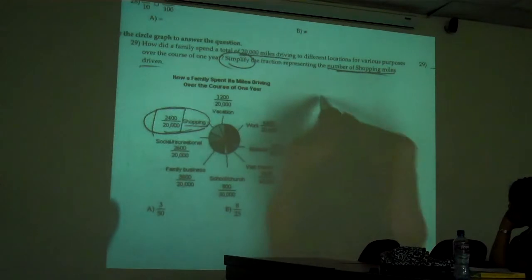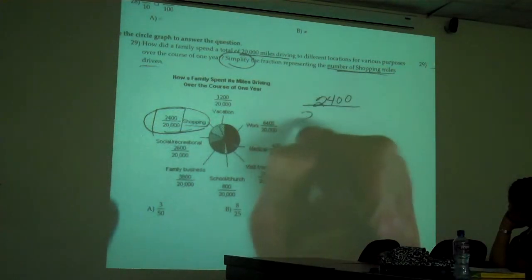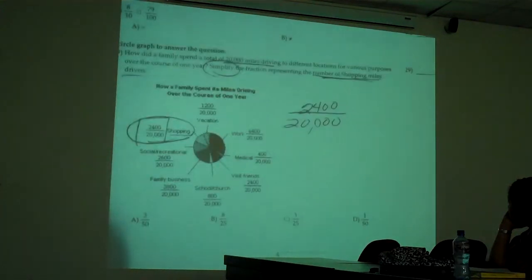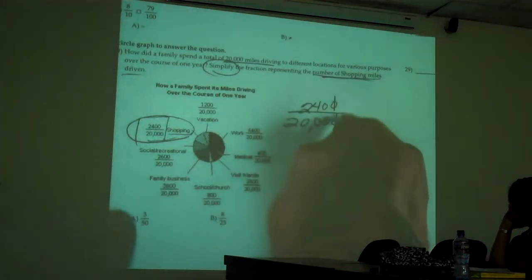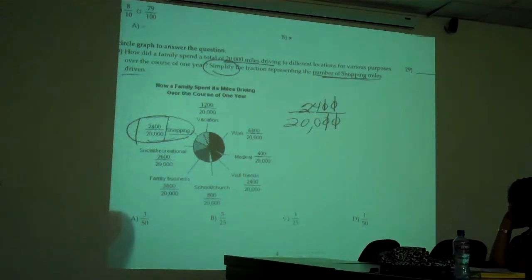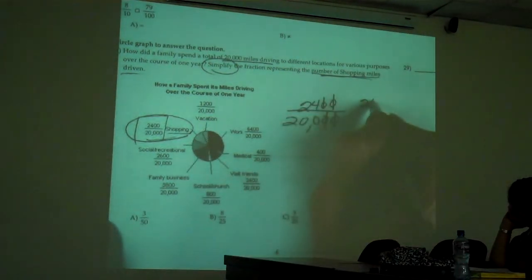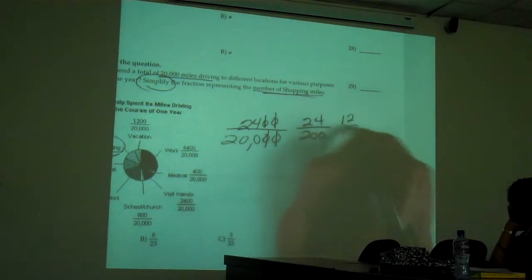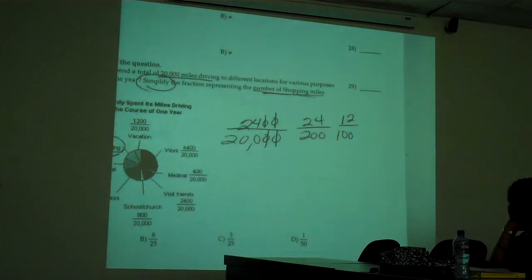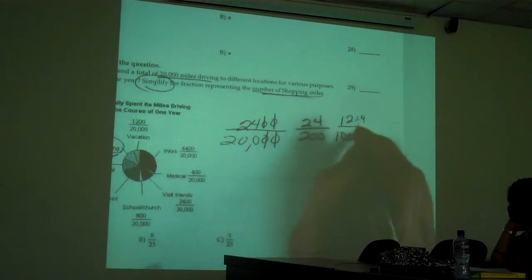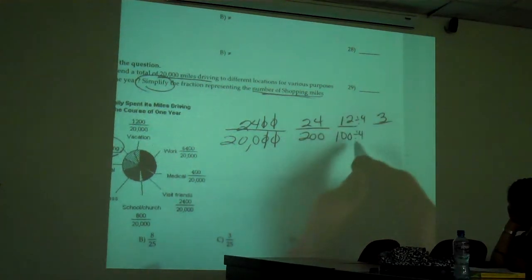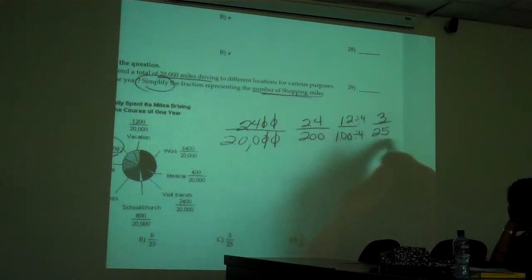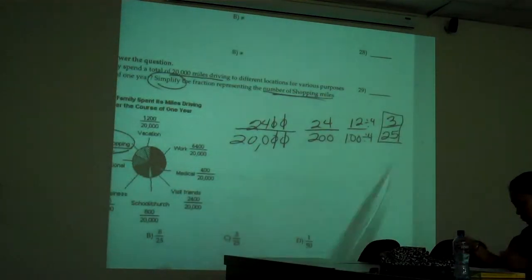So you need to put the 2400 over 20,000 and then reduce that. Dividing by 10 drops a 0, another 10 drops another 0. That gives you 24 over 200. You could still reduce that. Divide by 2, it's 12 over 100. You can still reduce. Let's divide by 4 this time, a little faster than 2. There'll be 3 on top. 100 divided by 4 is 25. Okay, so this reduces to 3 over 25.